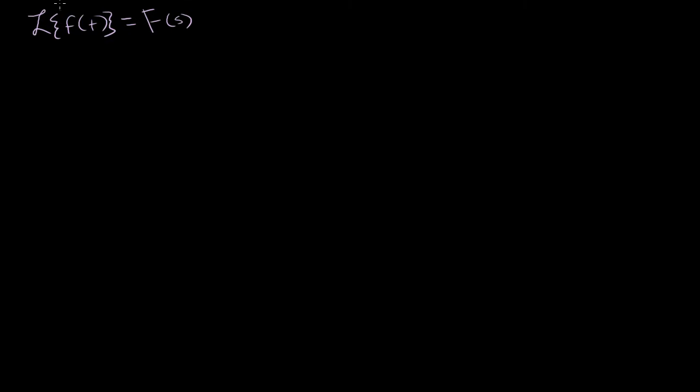Given that, in the last video I showed you that if we deal with the unit step function that becomes 1 at some value c, times some shifted function f of t minus c, this is just equal to e to the minus cs times the Laplace transform of just this function right there. So times F of s.